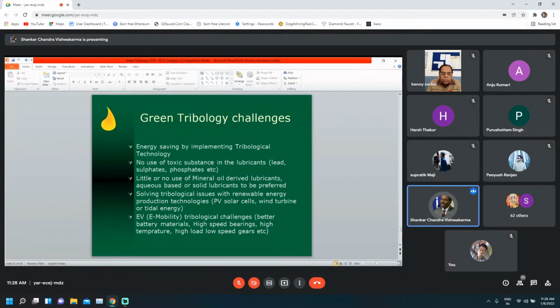It requires high speed bearings also. So we need to design such bearings which can operate safely and smoothly without using much energy, cutting down the energy waste and reducing the losses. So high temperature is one area.